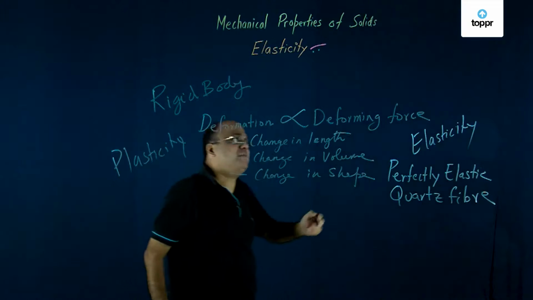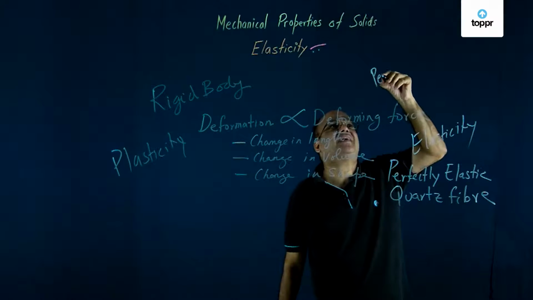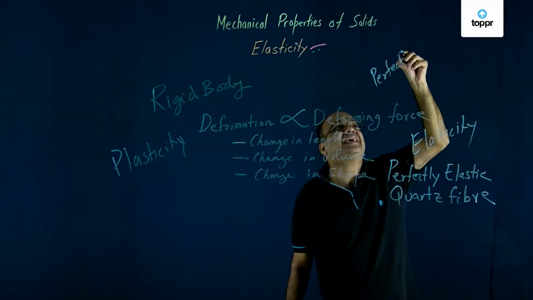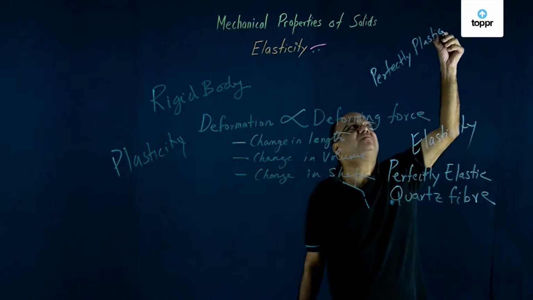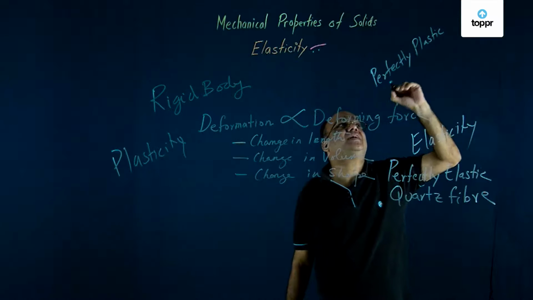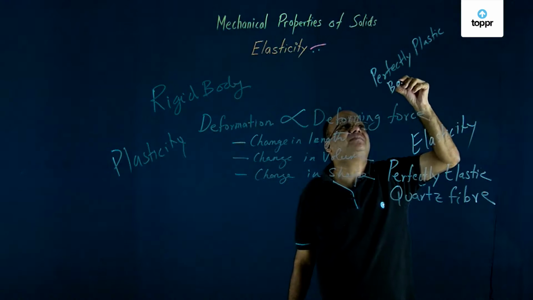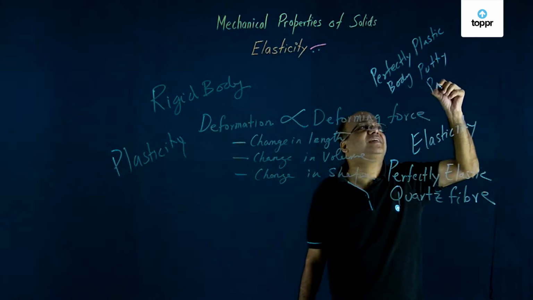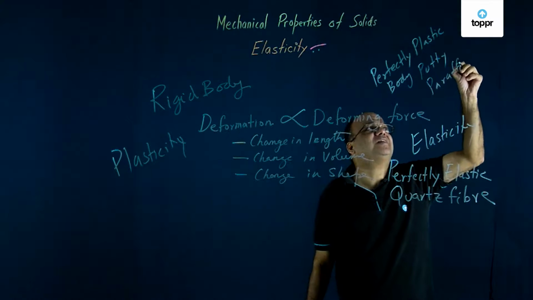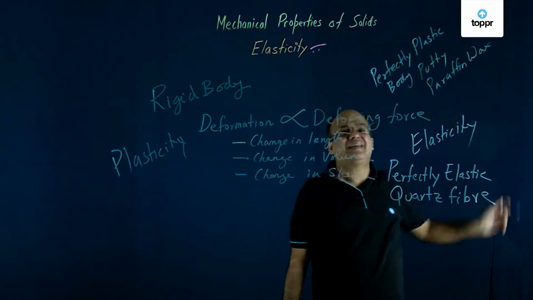The best example of a perfectly plastic body is putty. Putty that we put in walls before painting is a perfectly plastic body. Putty is one example. Paraffin wax is another example. Right?